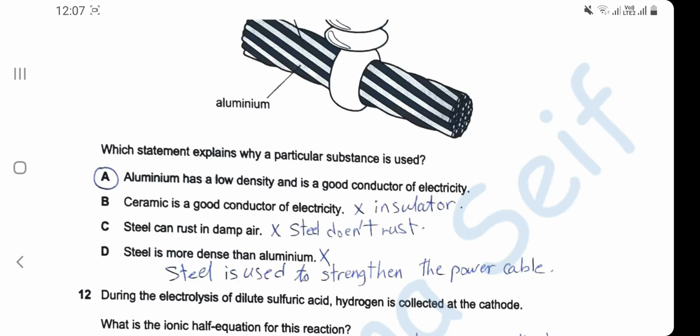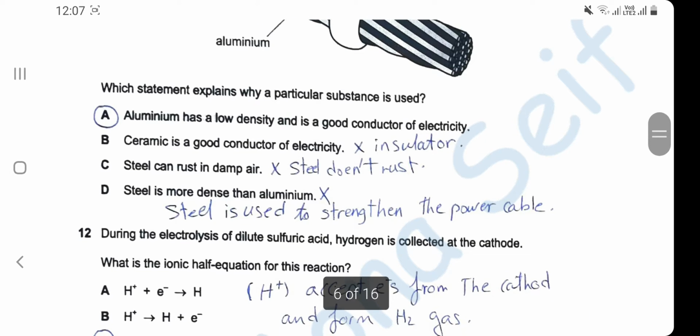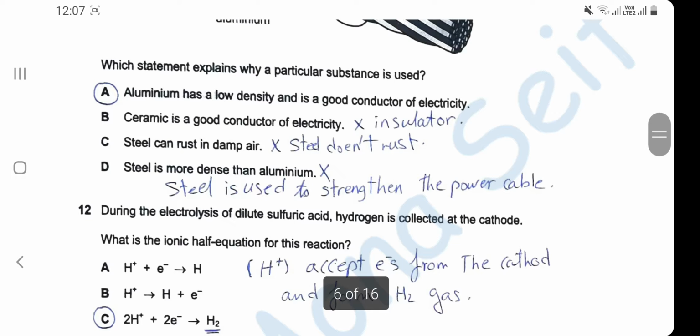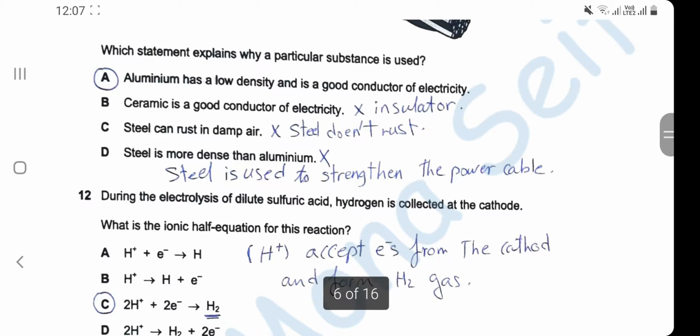And the question here is why it is used. It is used to strengthen the core. Steel is more dense than aluminium. Of course, it's more dense, but it is used to strengthen the core. So this statement will be wrong also. The first one, aluminium has low density and is a good conductor of electricity, is the only correct answer here.